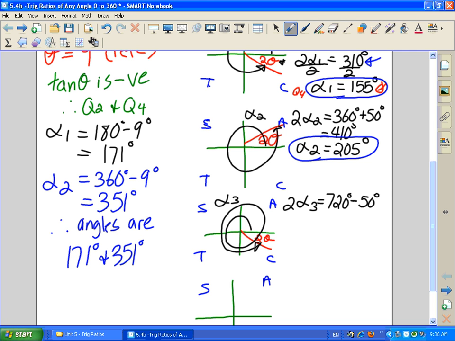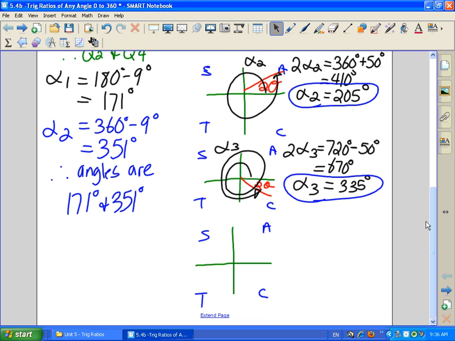If you put that in your calculator, you get 670 degrees. But again, that's 2 theta 3. So theta 3, if you divide both sides by 2, equals 335 because of proportionalities. So there again, we have found another answer. And is that still within the 0 to 360? Yes. So we've got to keep going to see if we're at the end yet or not.